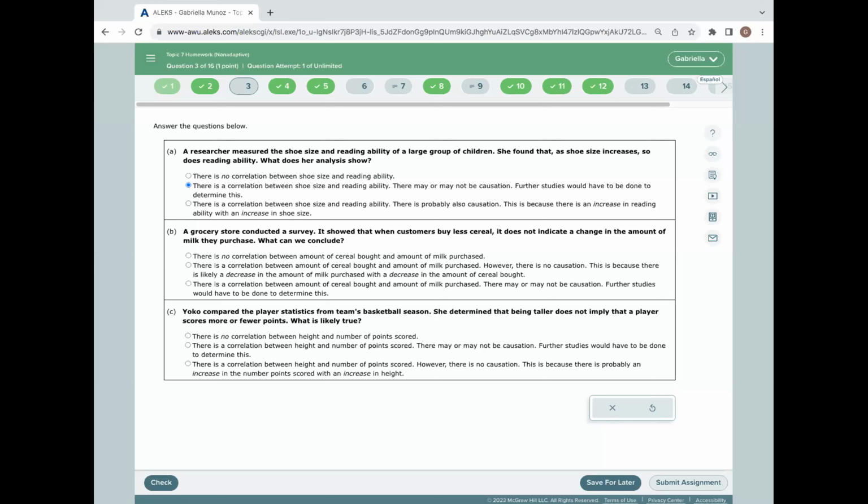Okay, a grocery store conducted a survey. It showed that when customers buy less cereal, it does not indicate a change in the amount of milk they purchase. So there is no correlation because there's no change in milk.